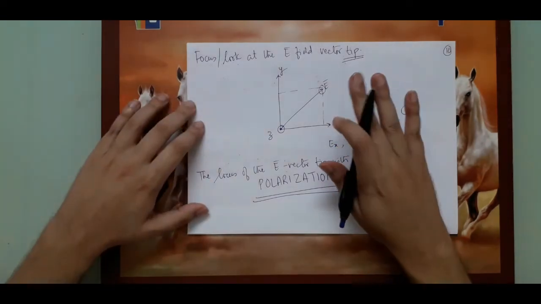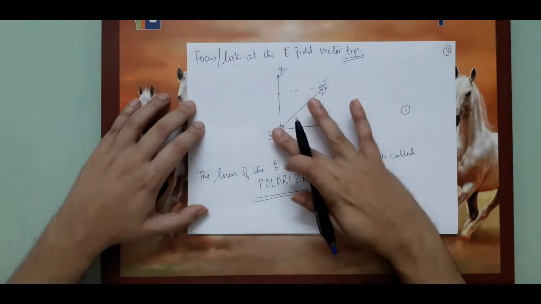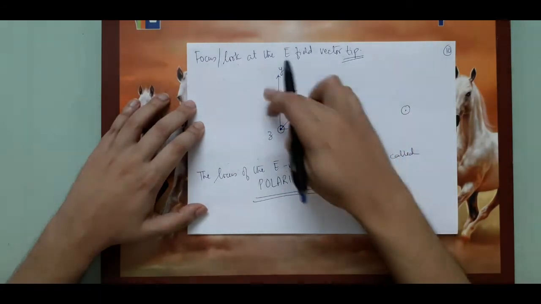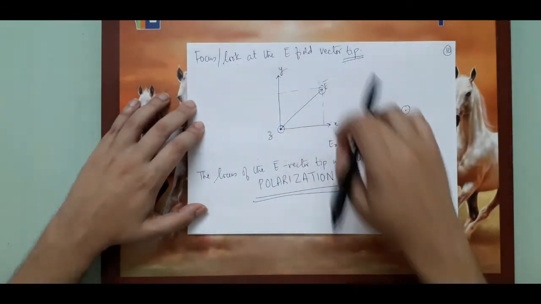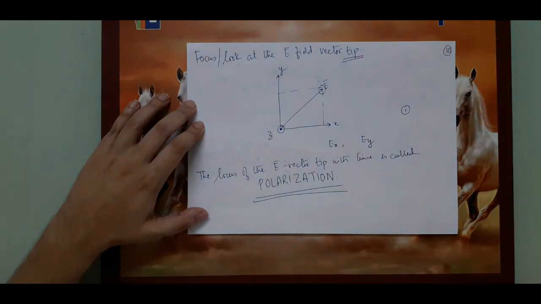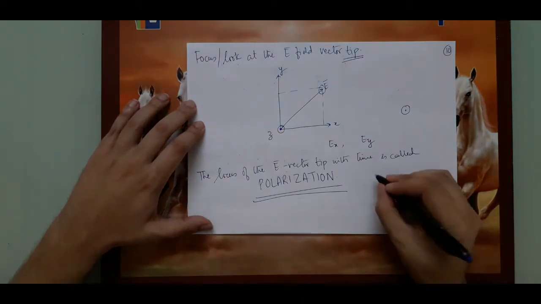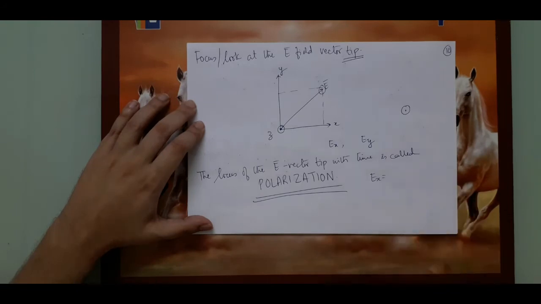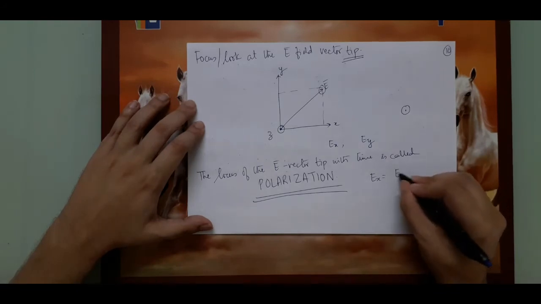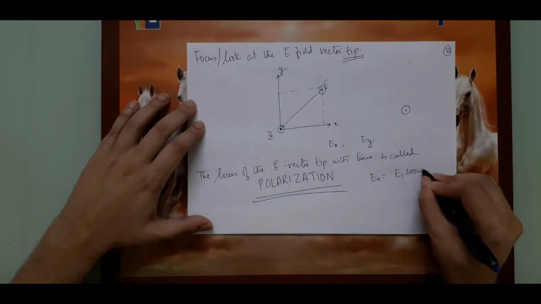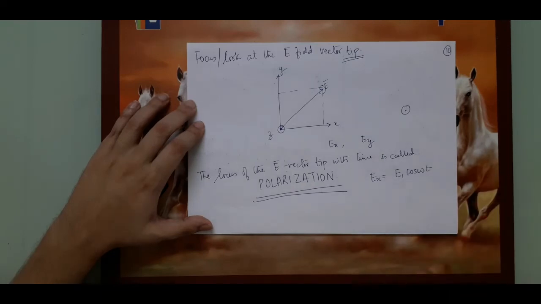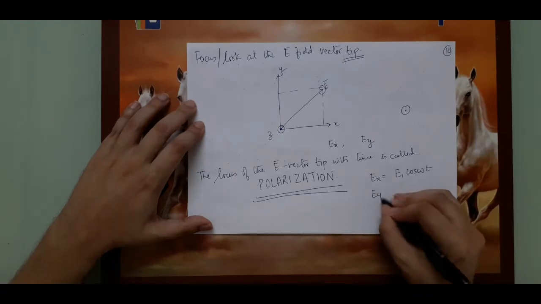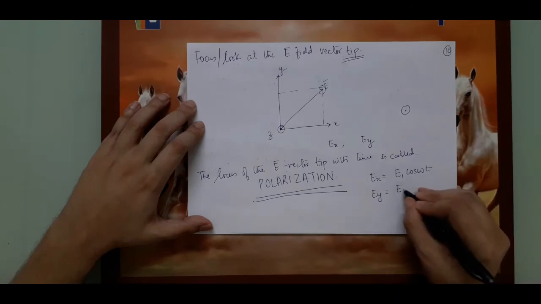So polarization can often be more easily understood if you take the vector and project it on the x and y axis. Therefore in general we can write that Ex is some E1 cos omega t. You can assume that we take the real part of e raised to j omega t, and Ey in general could have a different magnitude E2.